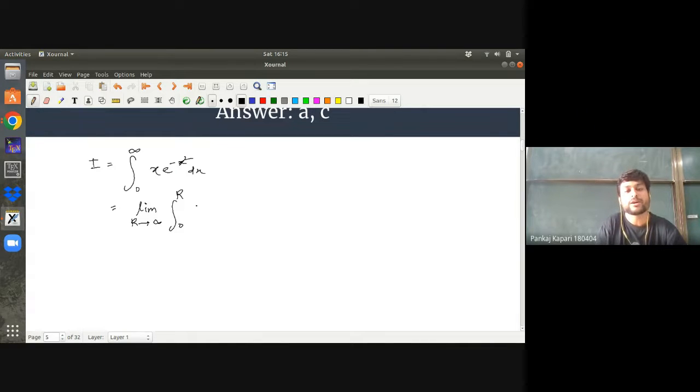Now we have made it a proper integral. You can see that it has become proper because the function is bounded in the interval 0 to r and both endpoints are finite. After finding this value, we will take the limit as r goes to infinity. So what you can do is change this variable x square.